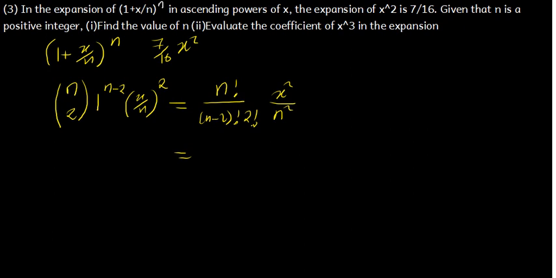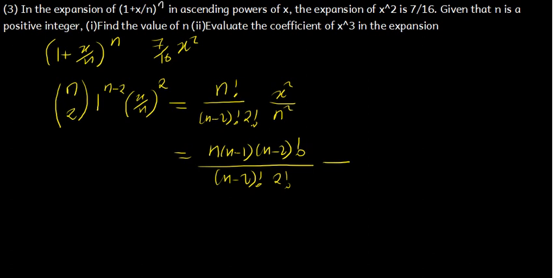So n factorial means n times n minus 1 times n minus 2, and I'll end at n minus 2 and put a factorial because I've got n minus 2 factorial in the denominator, and then 2 factorial, and then here I can just say 1 over n squared and then put x squared alone here.